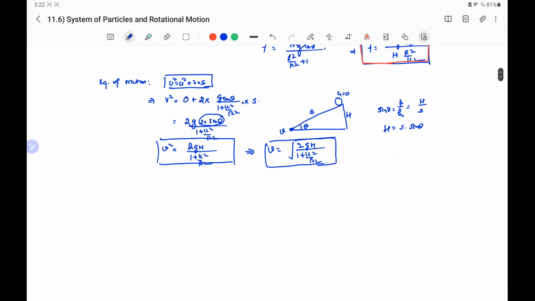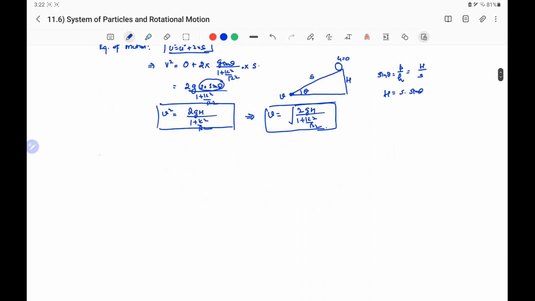We are giving some important results here. This is k square by r square. We know that the moment of inertia of the body is mk square. M is the mass of the body and k is the radius of gyration. And it will be equal to, suppose we take the ring. For ring, this value is mr square.